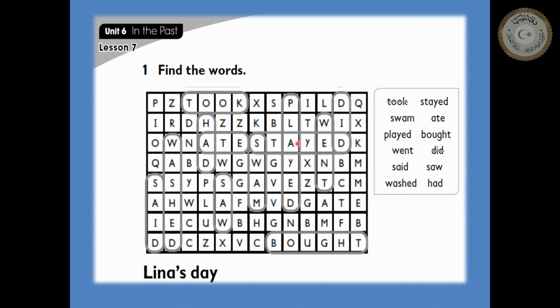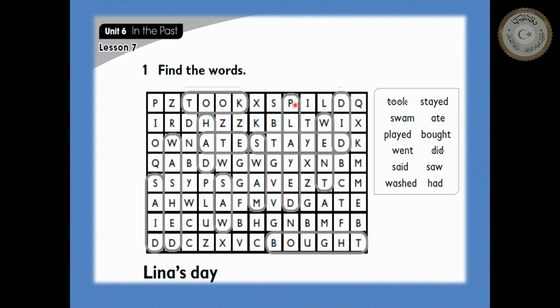Okay, good. Can we start now with the first one? Talk. It's from this side. What's the second one? Stayed. Where's stayed here? Can you see here? We have washed, said, bought, did, and went, and here did.